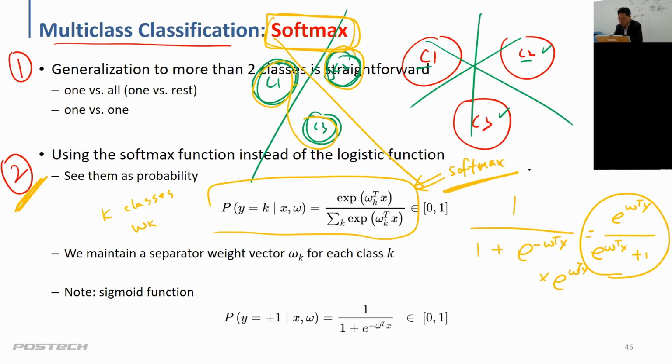I'm not going into details for softmax, but conceptually it's the same as logistic regression, and we're gonna use it a lot when we talk about neural nets or deep learning for multi-class classification problems. That's the only thing that you're supposed to remember.